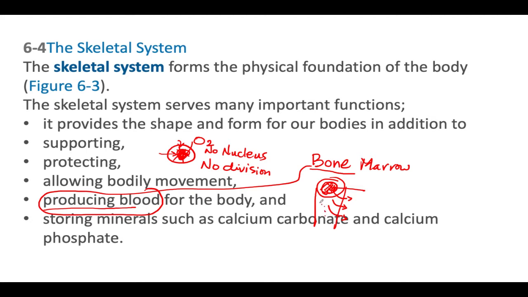Bones have little openings, and so when the blood comes through, it is channeled into the blood vessels, and then goes back into the heart area, and then begins to circulate through the body. And so that's the function of the bone marrow.